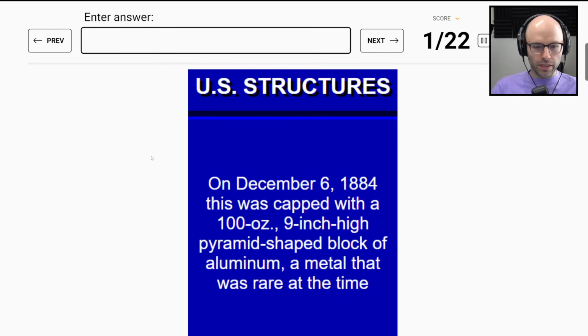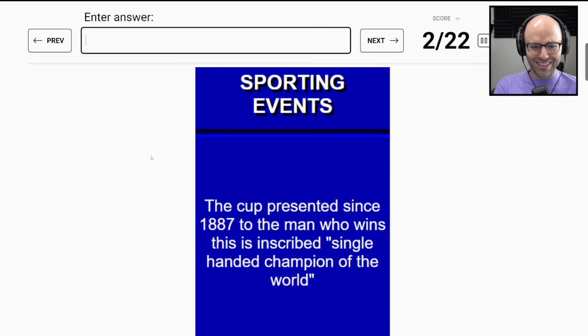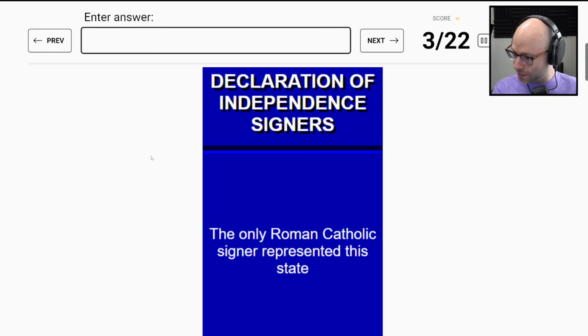What is the Washington Monument? Pyramid-shaped block of aluminum. I'm confident in my Washington Monument. I can't talk. This cup, presented since 1887 to the man who wins this, is inscribed single-handed champion of the world. Wimbledon. Okay. They should learn a little bit about Roger Federer's backhand.